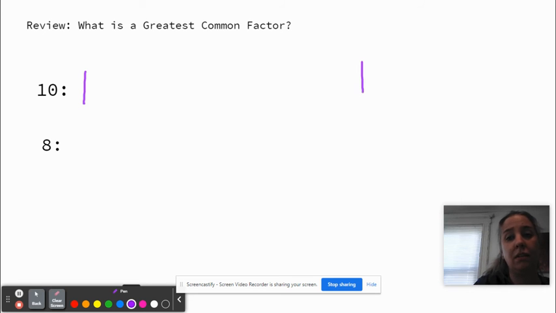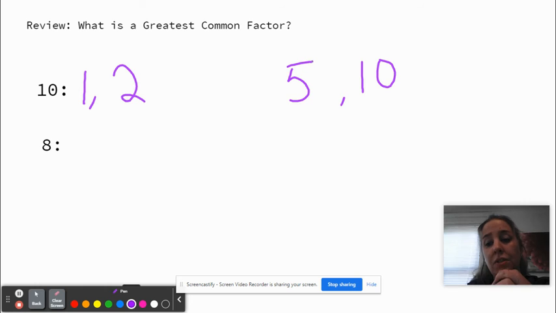So you would write like this. I don't know if you guys remember this from middle school. Does 2 go into 10? Yeah, 2 goes into 10 5 times. Does 3 go into 10? No, not evenly anyway. Does 4 go into 10? No. Does 5 go into 10?